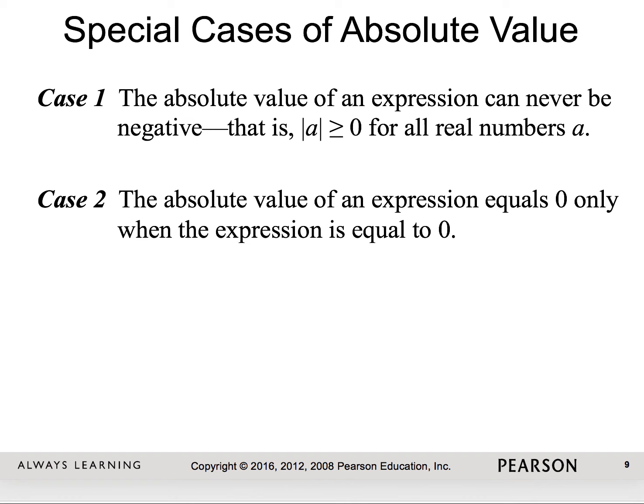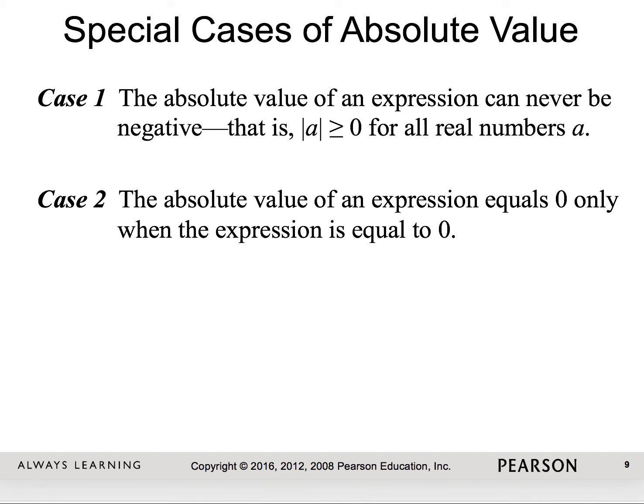Okay. We've done enough of those, hopefully. Now let's talk about something we got to be careful of. They're calling it special cases. So all I'm going to say is remember, the first thing we talked about is absolute value is a distance. So distances cannot be negative. Usually that's the one thing people know about absolute value.